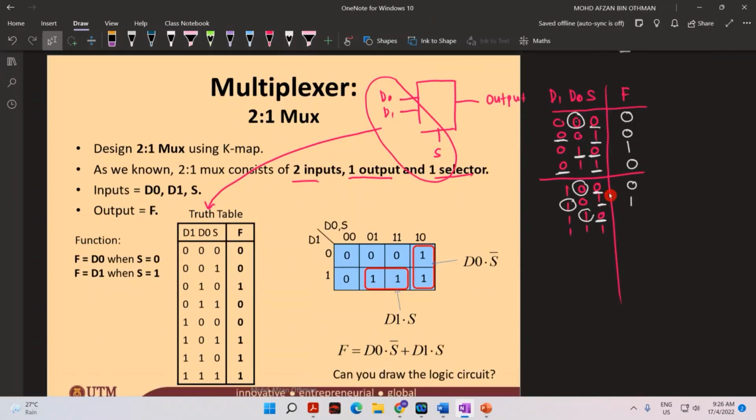D0 is 1, and this one here is 1, coming from here is 1. Okay, and from here, kita dah dapat truth table. Boleh tak kita buat K-map untuk dapatkan expression? Boleh. So, kamu draw your K-maps.